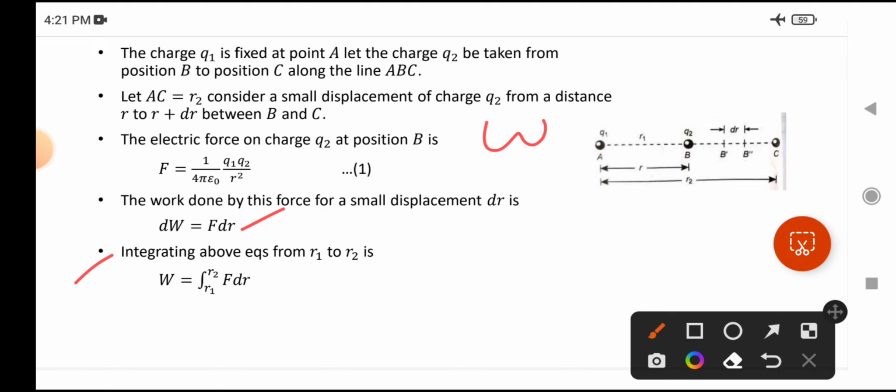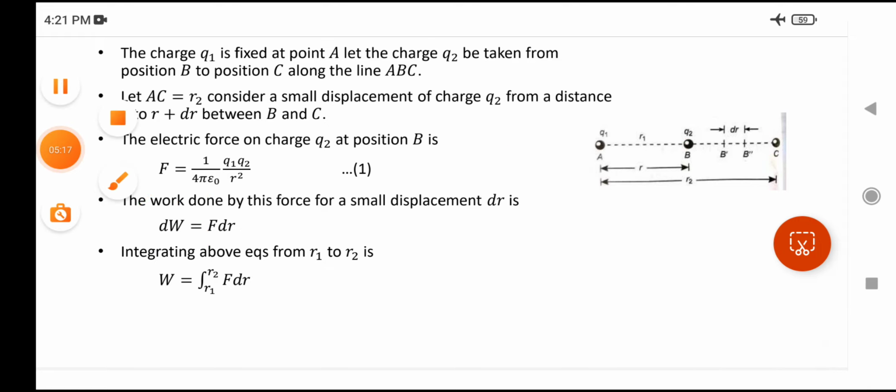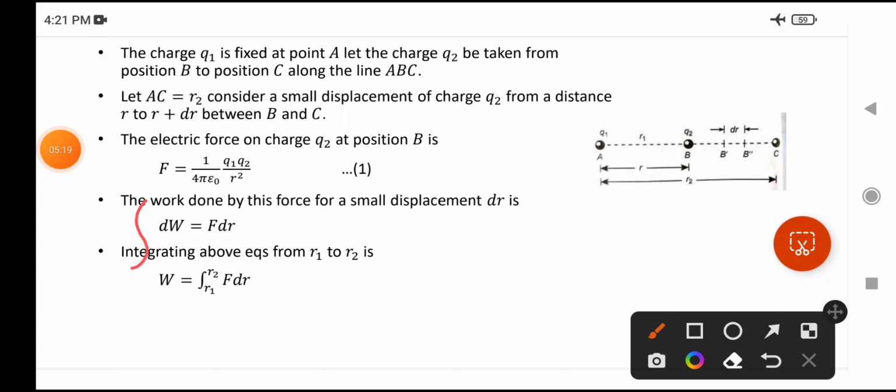On integrating the above equation from r1 to r2, from this position to this position, we get the total work done. If we integrate on either side, integration and differentiation cancel, so here we get W. But on the other side, integration and differentiation do not cancel, because F is in between.